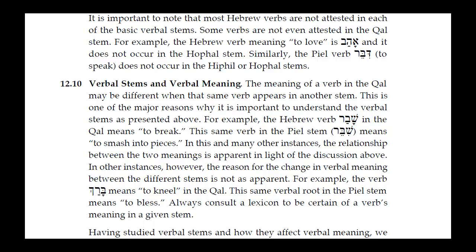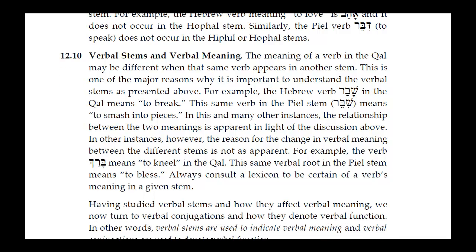In this and many other instances, the relationship between the two meanings is apparent in the light of the discussion above. So it's very important that we understand the verbal root and then the stems from that root, because when you go from one stem to another, the meaning changes.